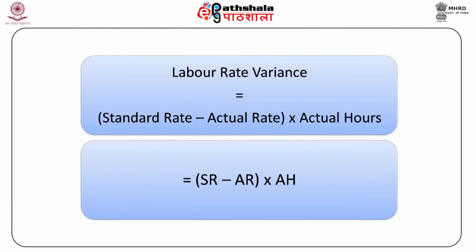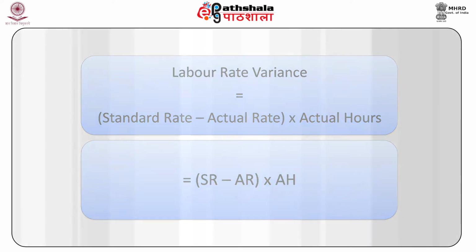Labor rate variance therefore will be equal to standard rate minus actual rate into actual hours, or (SR − AR) × AH.